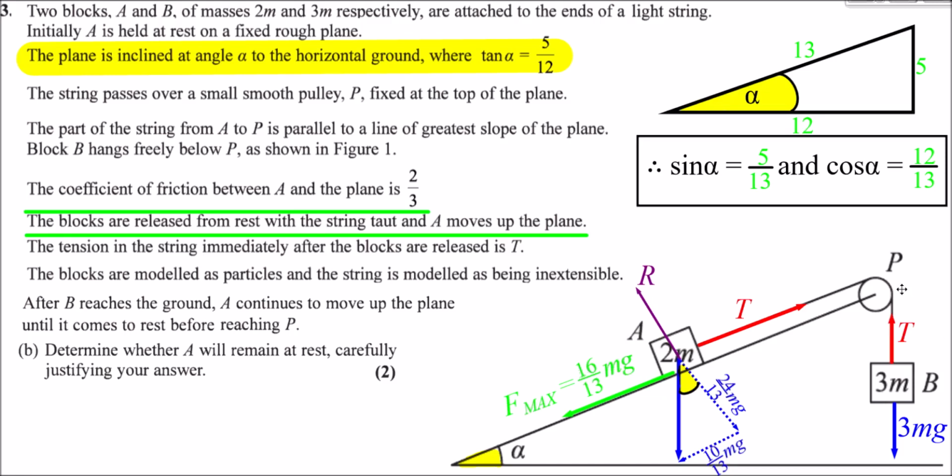So what I'm going to do here is just try to alter slightly this diagram so you get an idea of what's going on. Essentially B will have hit the ground, so I'm going to erase B here and just sketch over what it'll look like. So B instead will be on the ground now, like so, and this string will be slack, so no tension.